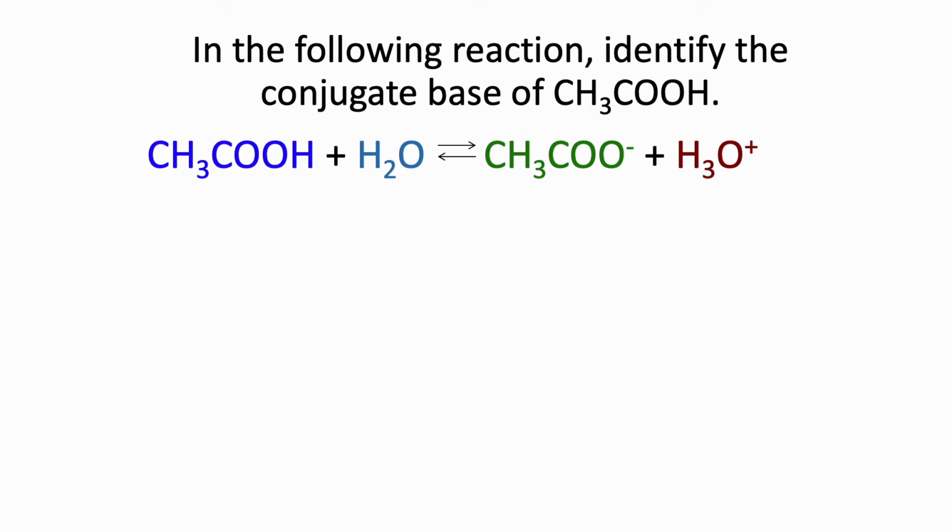And so what we're going to do is look for something that is exactly the same as acetic acid, but missing a proton, because remember the base is going to have one less proton. So here is that pair, and you can see that the hydrogen at the end of acetic acid is what has been donated to our base.